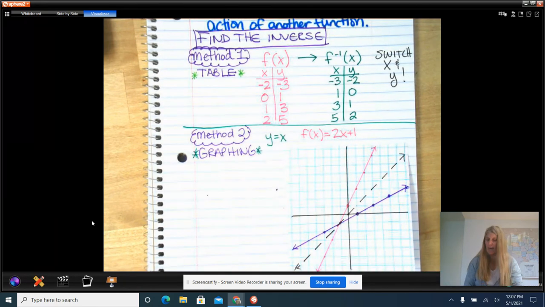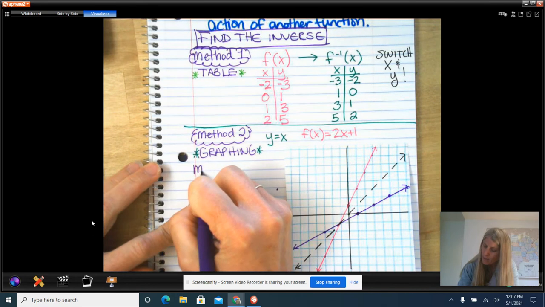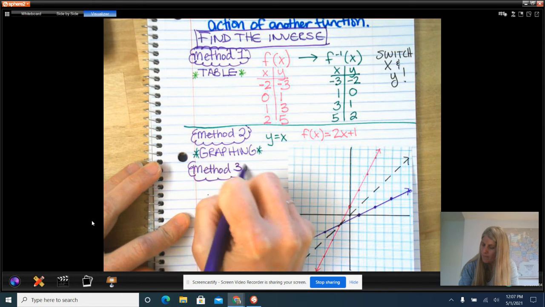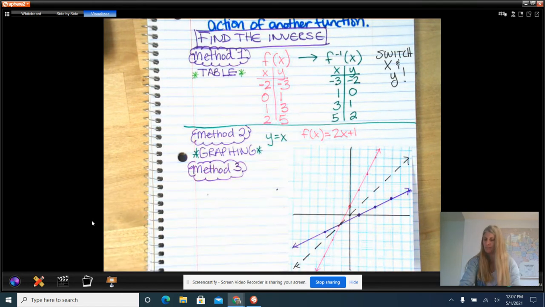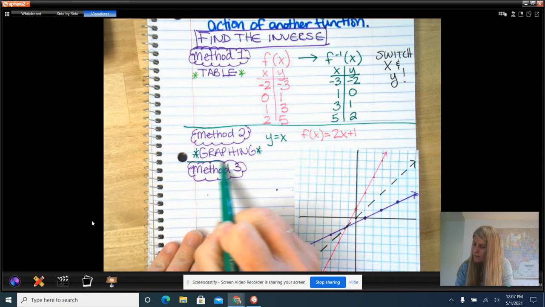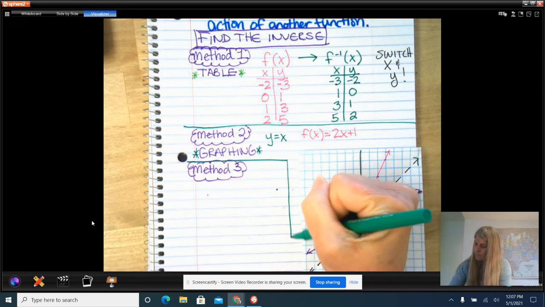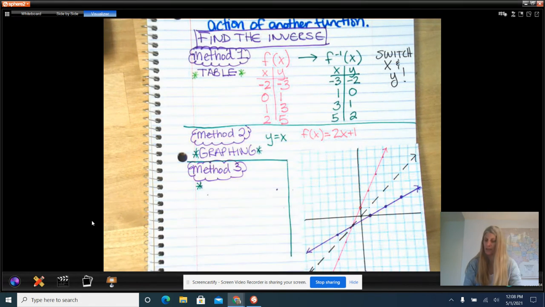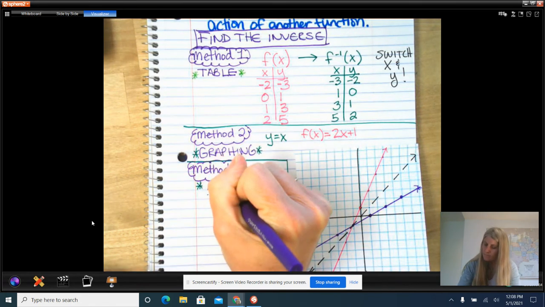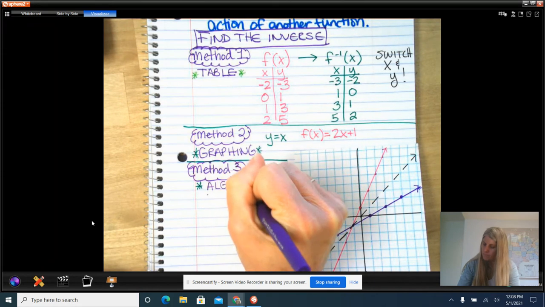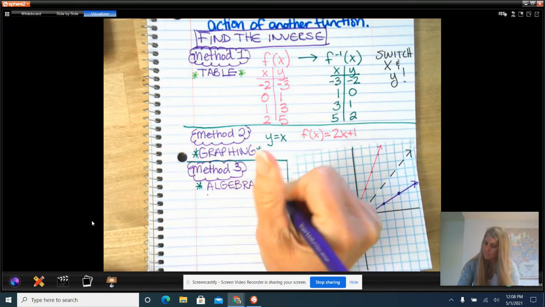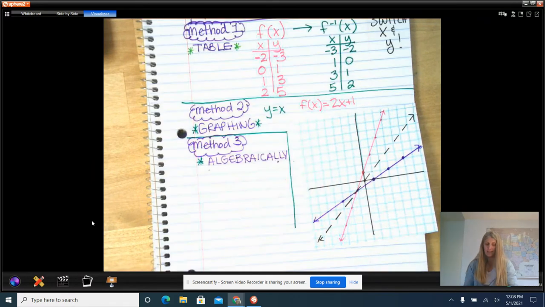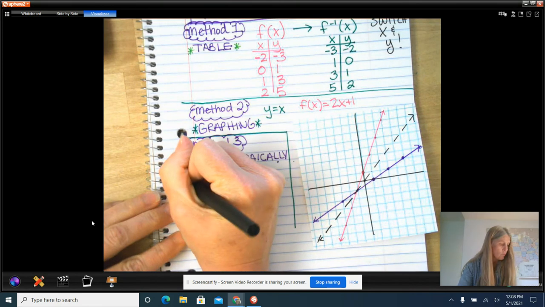Okay, let's go ahead and look at our last method, method 3. Our third method here is going to be algebraically. Okay, so we're going to start with that same item, and we're going to follow some rules.